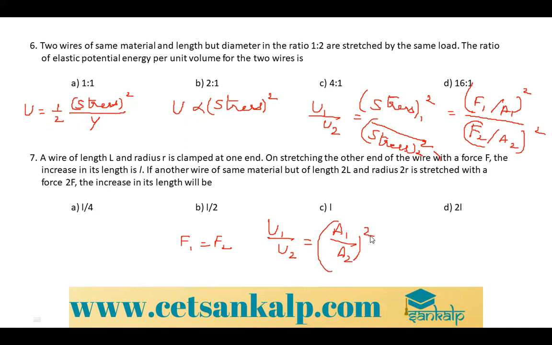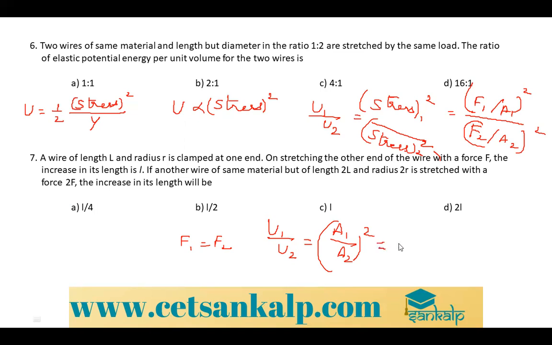But I can write it in terms of pi r square. Why? Because they have given the diameter, so I have to write it in diameter only. So A is equal to pi r square, but instead of writing that, I'm going to write it as d square.